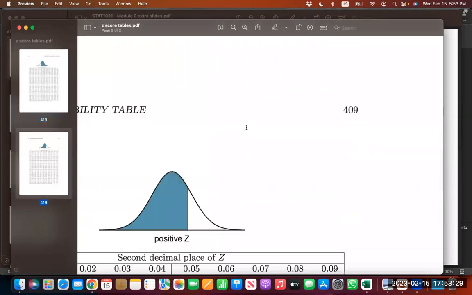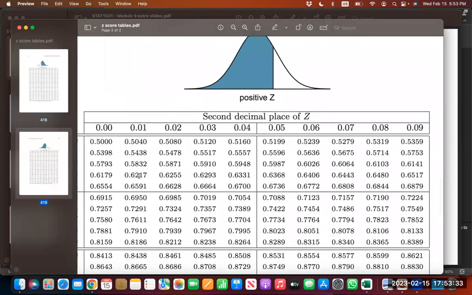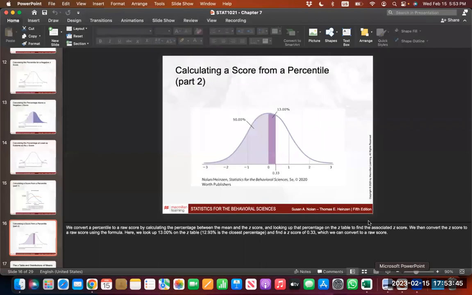So you go from 50, you go up to 60, you go to 63, that's 0.33. Okay, I can live with that. Let's do 0.33. So this is a set score of 0.33.